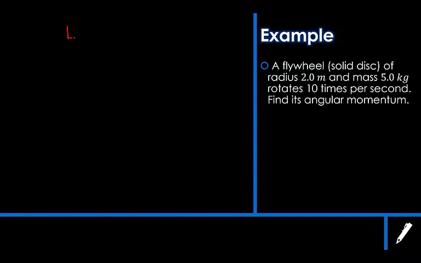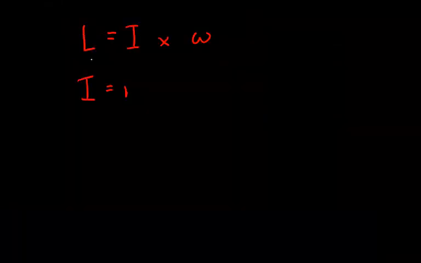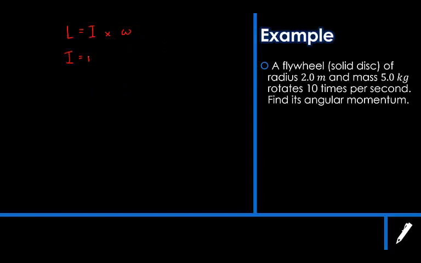Well, we know that L is equal to the rotational inertia times the angular speed, and we know that I for a solid disk is equal to 1/2 m r squared, and the angular velocity we can figure out from the information given.